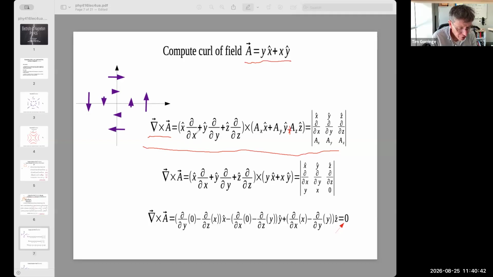This first expression in parentheses here is the del vector operator in Cartesian coordinates. And then this second expression here is a general expression for a field A in terms of its x, y, and z components in Cartesian coordinates. And so this is one way of writing that curl out.